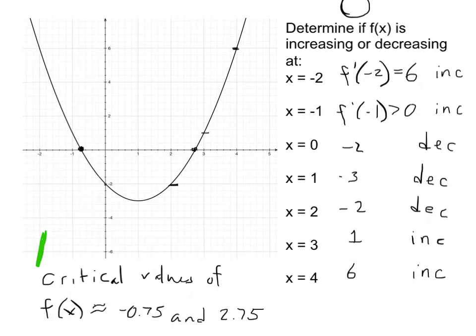By the time I get over here to negative 1, my slope is only positive 1, so it's less steep now. What happens when I get to this point right here? What is the derivative right there at negative 0.75? Because it was a critical value, the derivative is 0. That means the slope of the tangent line is 0. It means this function leveled off.